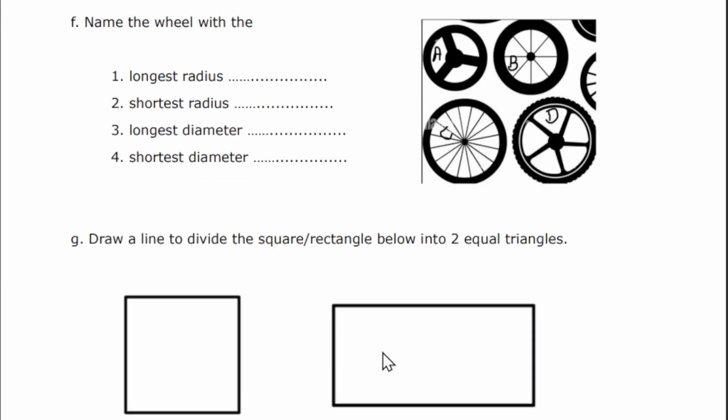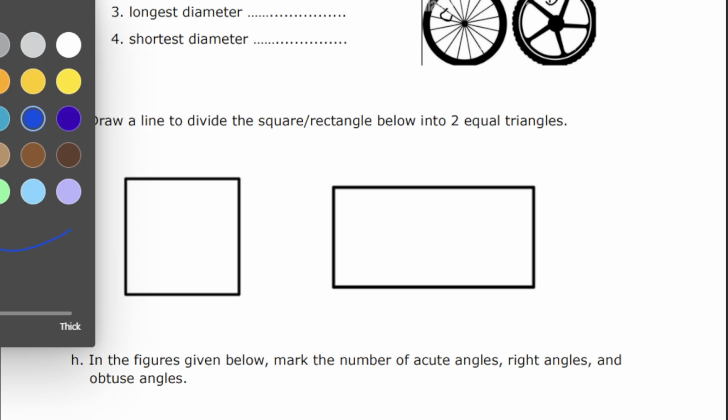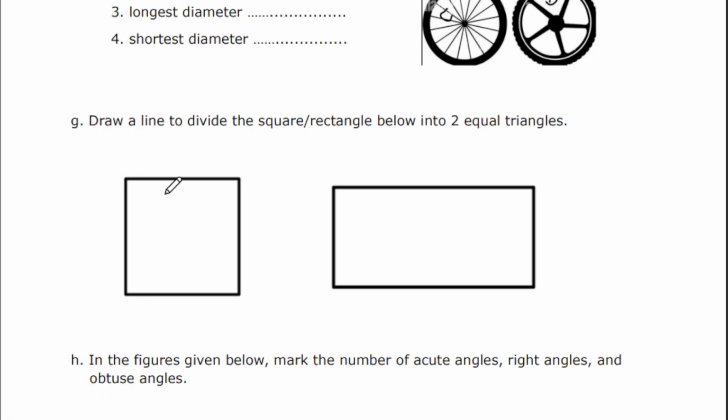So this question: draw any two dividing lines and divide the square and rectangle below into two equal triangles. This one I'll show you. This is also an important question, students. You have to draw a line and divide the square and rectangle to make equal triangles.